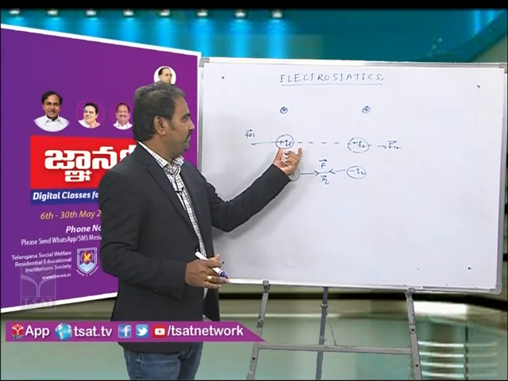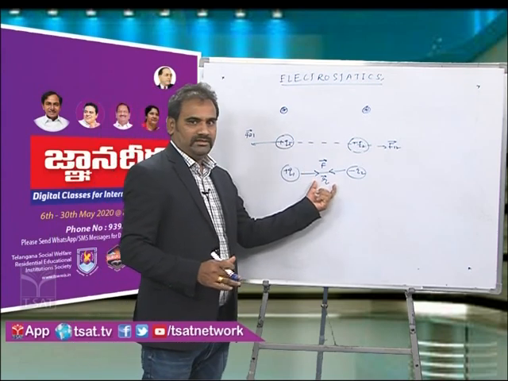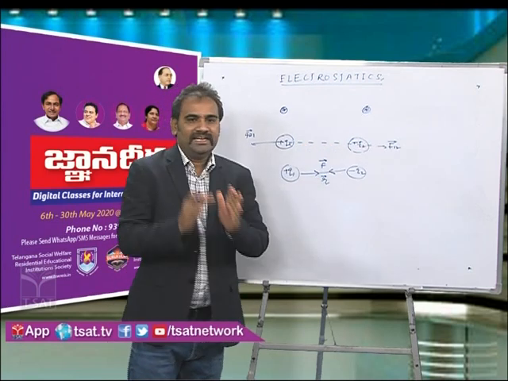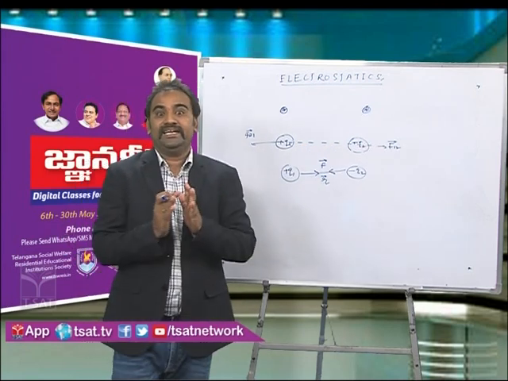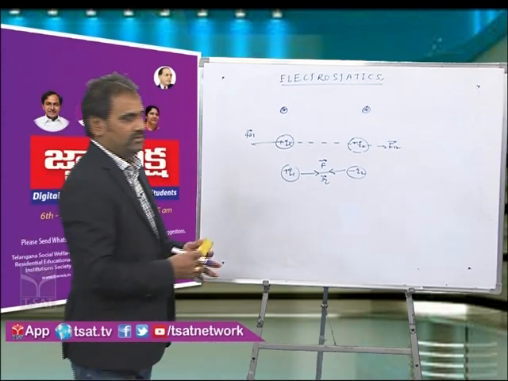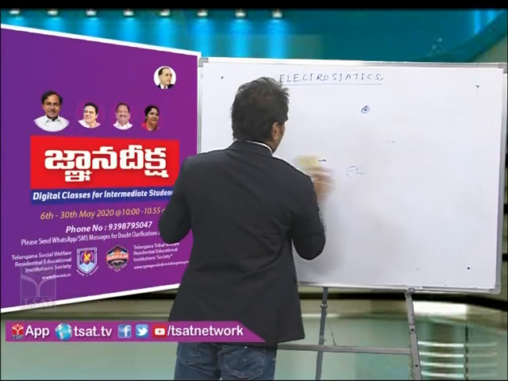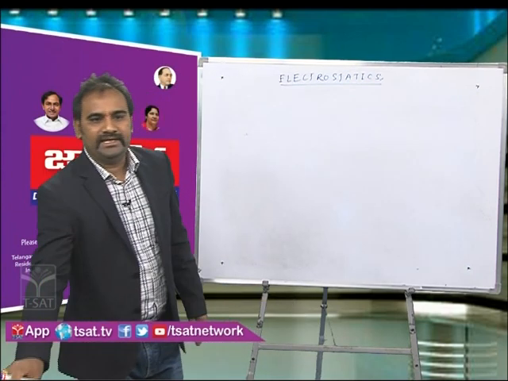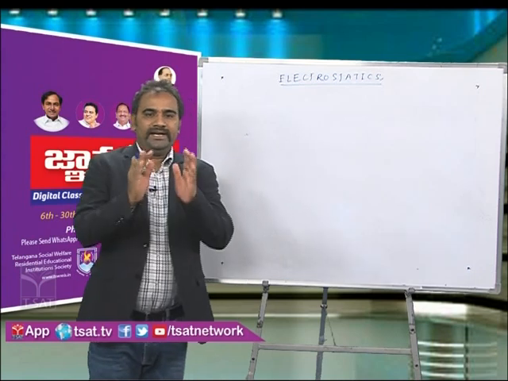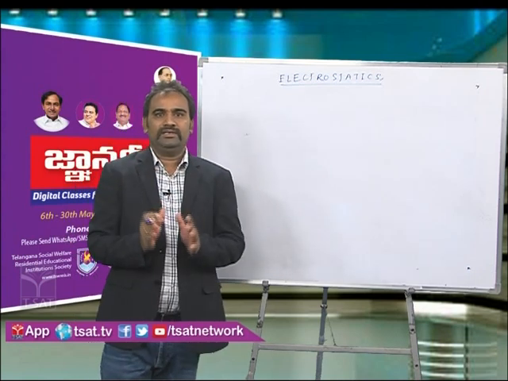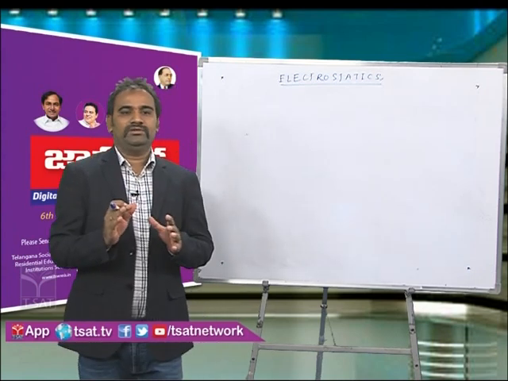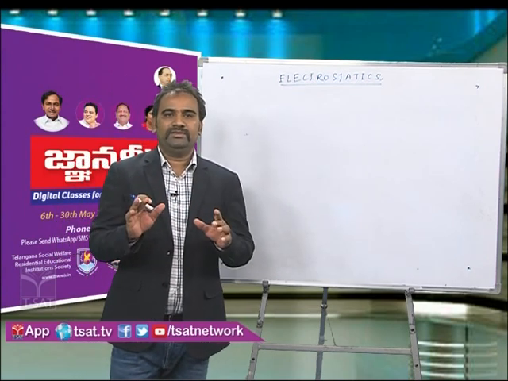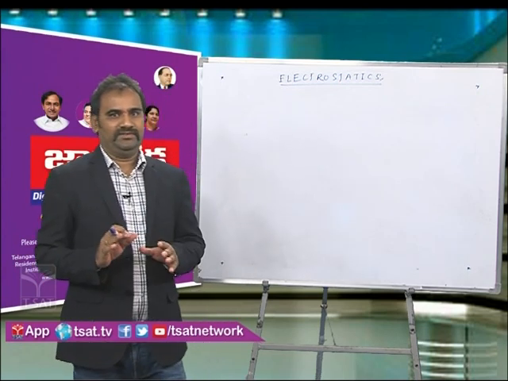This force of attraction or force of repulsion between any two charges is called the interaction force. The interaction force between two charges is directly proportional to the product of the magnitudes of those two charges and inversely proportional to the square of the distance between them.